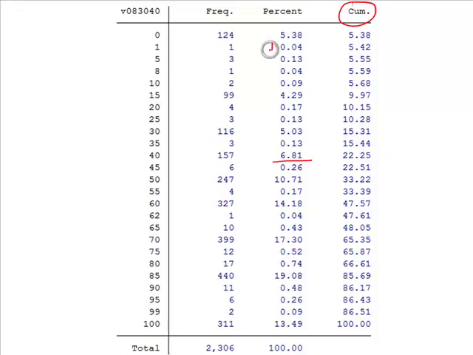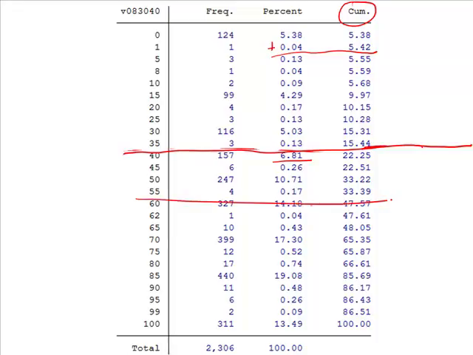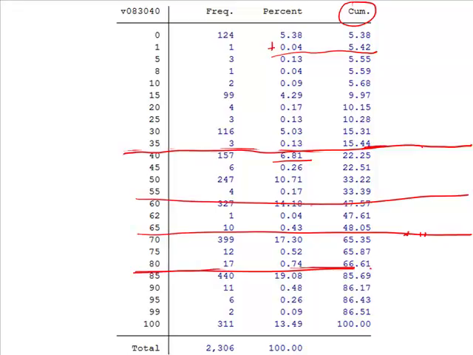So 5.38 plus 0.04 equals 5.42. And then you just keep going. And what the quintile people who would do it based upon the frequency distribution would do is they do this in, here's your actual 20th percentile right here. Your 40th percentile is somewhere around here, and then the 60th, and then the 80th. And there are your 5 groups. That's another way of doing it.